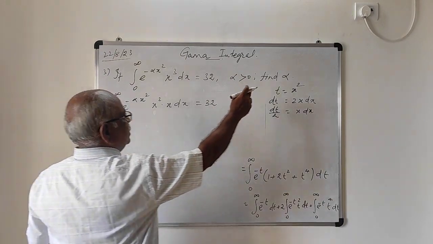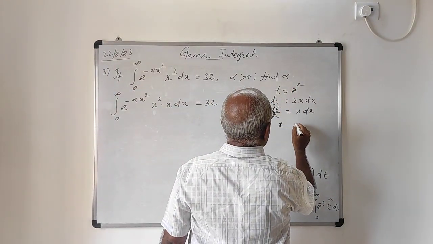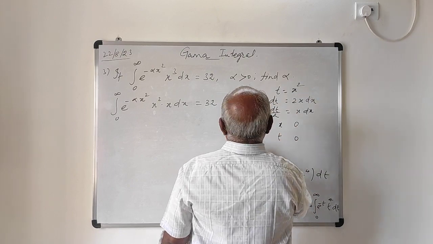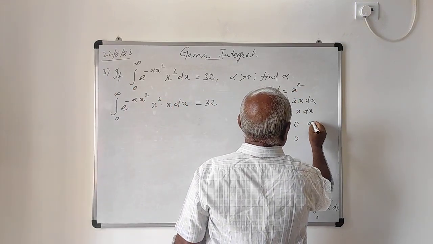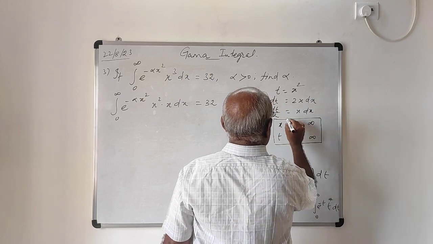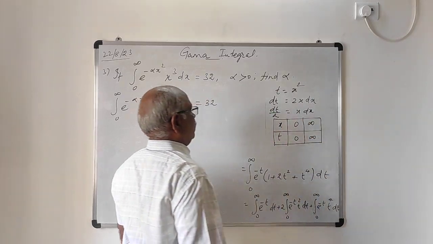Corresponding limits: if x equals 0, t is also 0. If x equals infinity, t is also infinity. So the limits for t are 0 to infinity only.